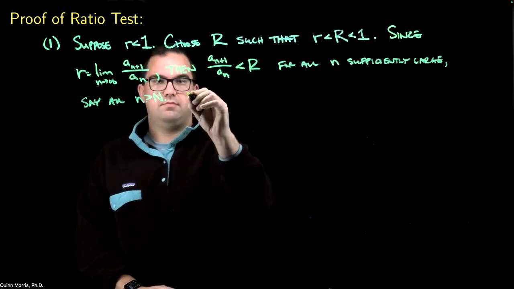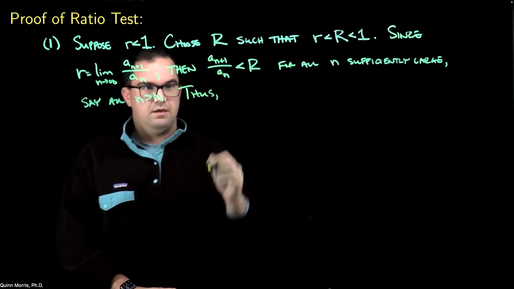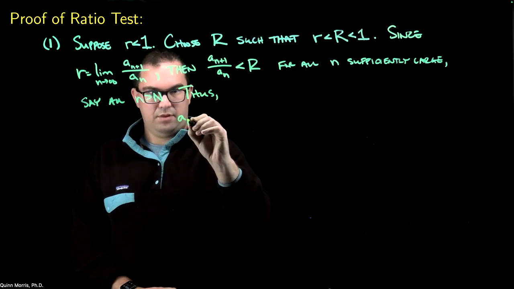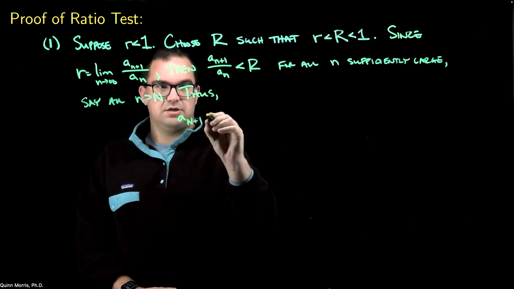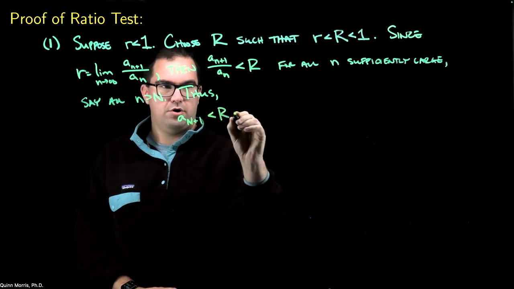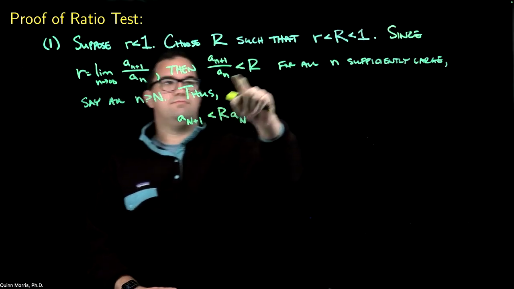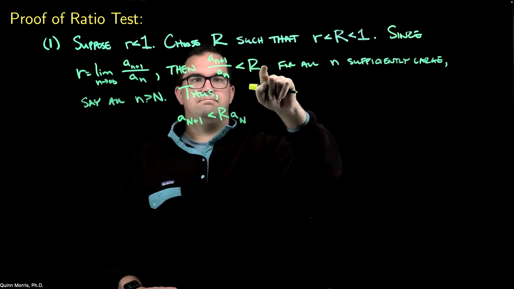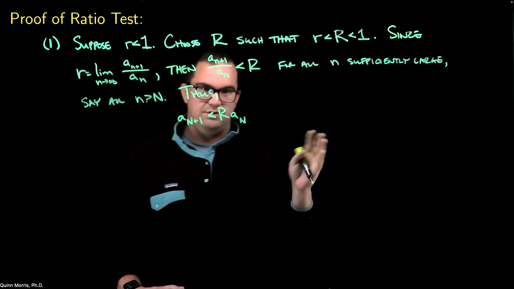So if I look at a sub capital N plus 1, this is going to be less than capital R times a sub capital N. That's just multiplying both sides of this by a sub n, and since that's positive, I don't have to worry about this being 0.